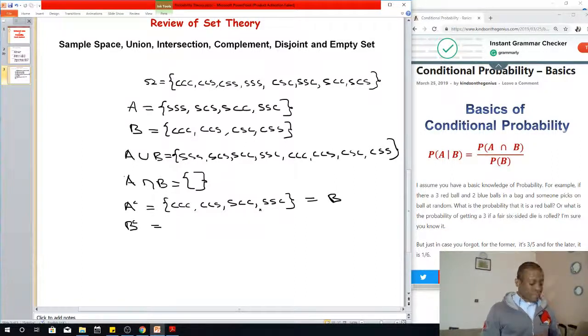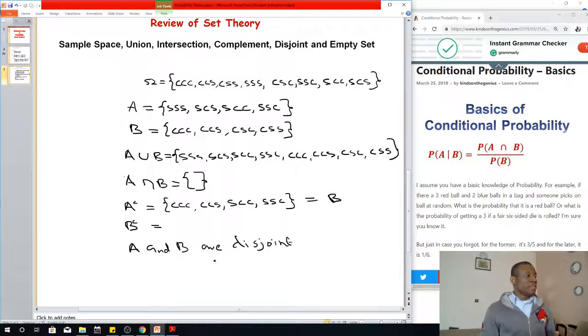Now let's talk about disjoint. Disjoint means that two sets have no intersection. So we have sets A and B being disjoint.